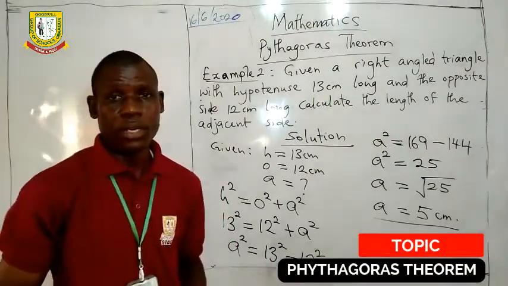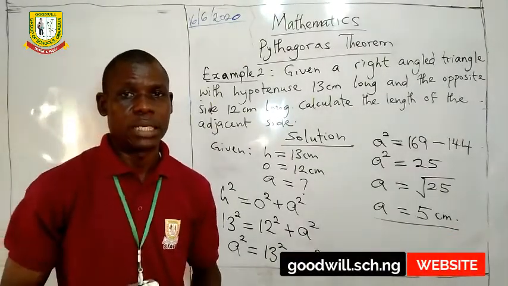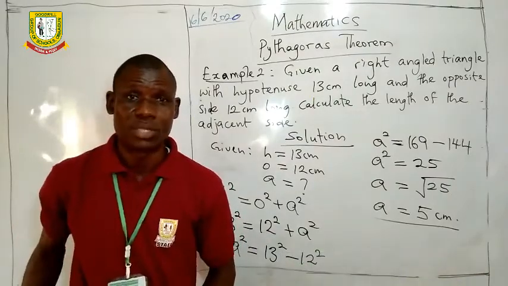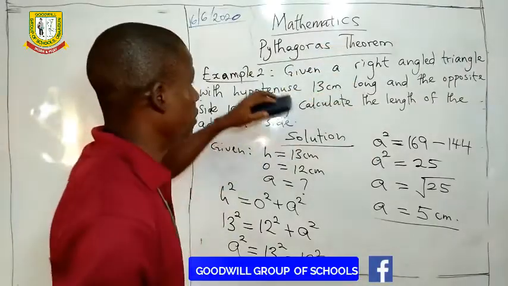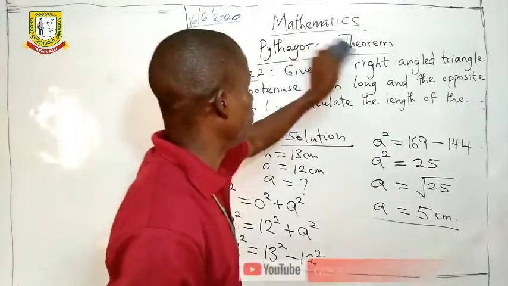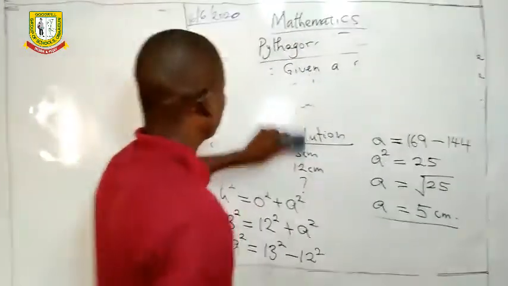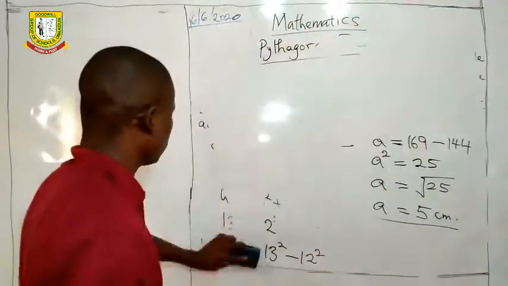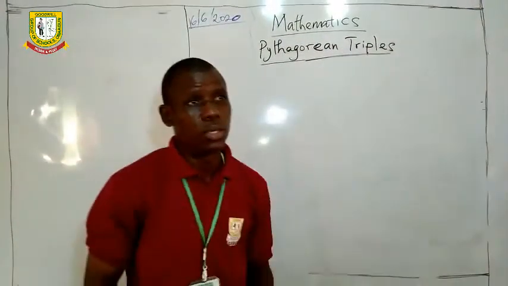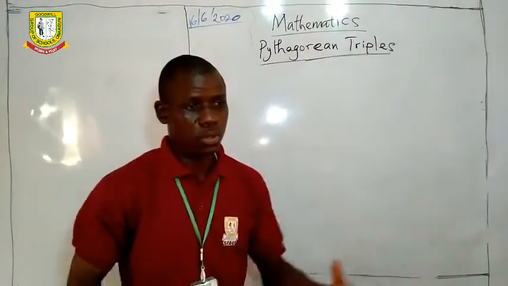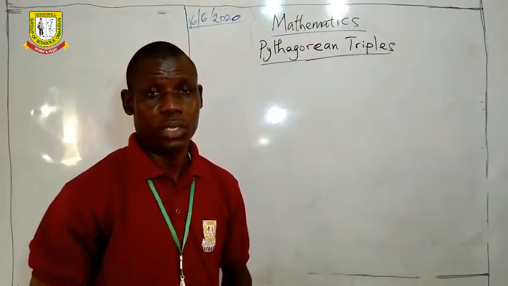Now, we are moving further to look at what we call the Pythagorean triples. Pythagorean triples connect directly with Pythagoras theorem that we have taken a look at here. Now, the word triples is very similar to the word triplet, and you know what a triplet means.